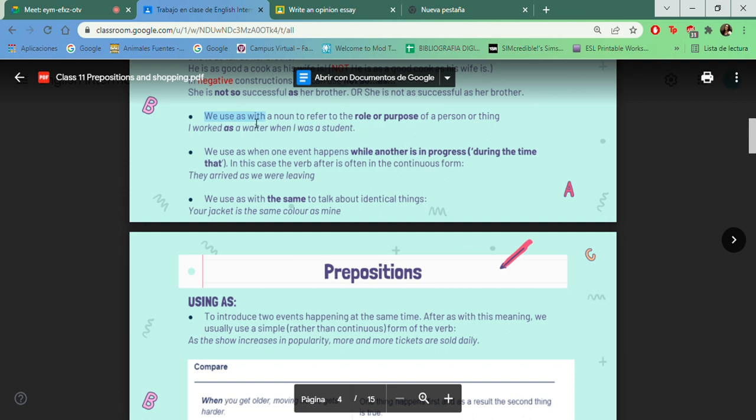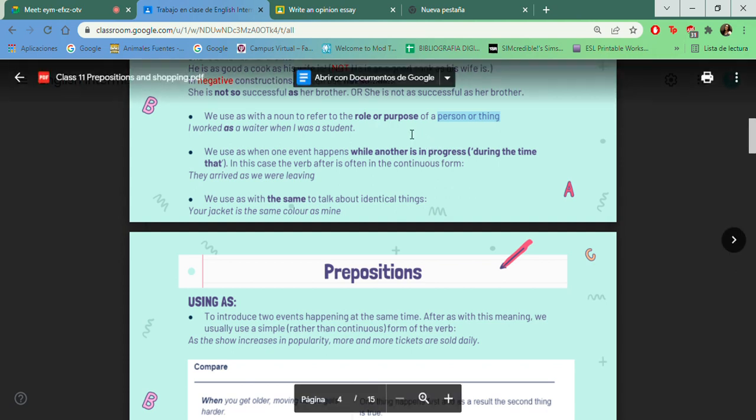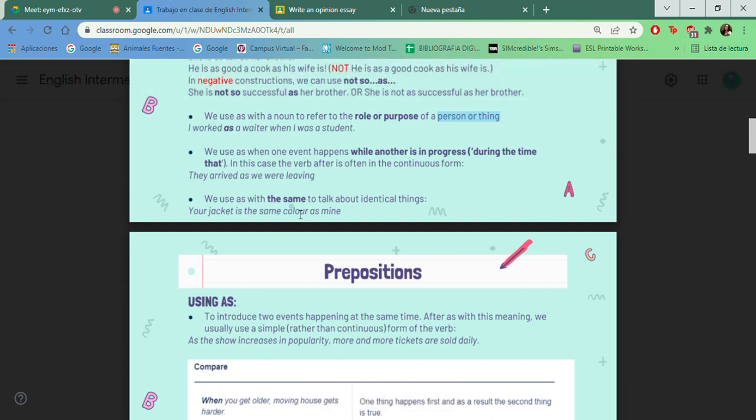We use, of course, as with a noun to refer to the role or purpose of a person or a thing. Remember, with occupations, jobs, we use the preposition as. I worked as a waiter when I was a student, okay? We use as when one event happens while another is in progress.